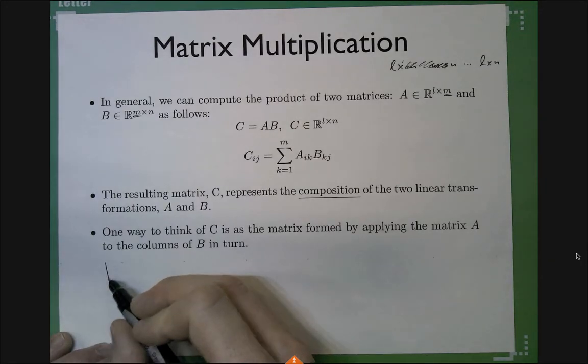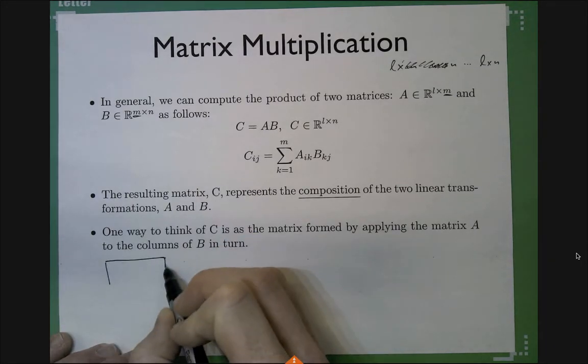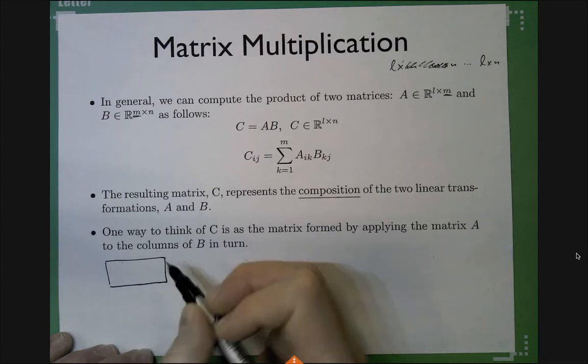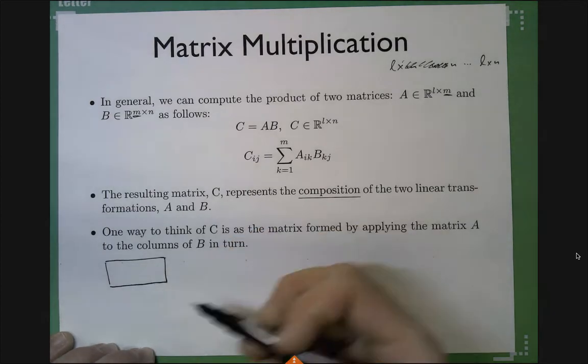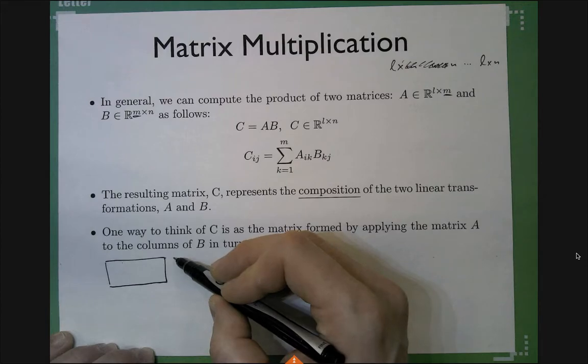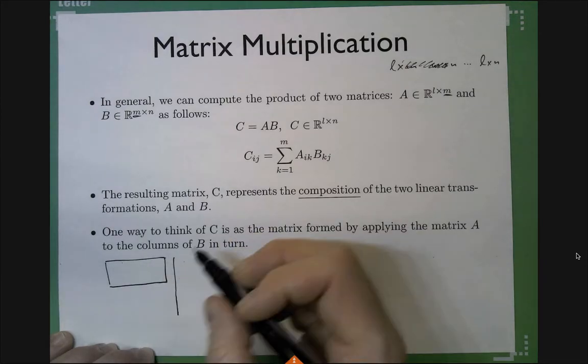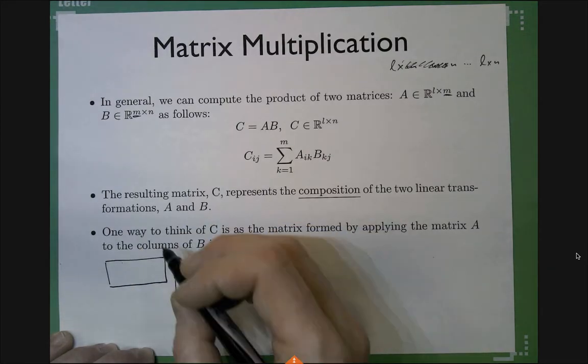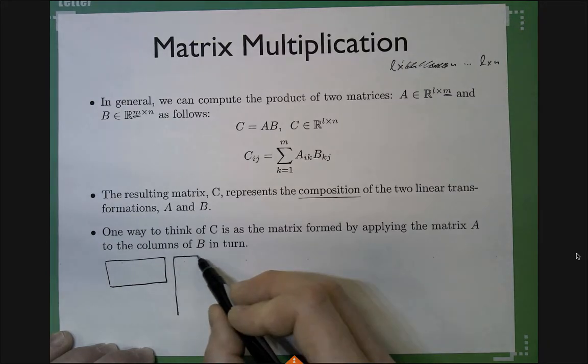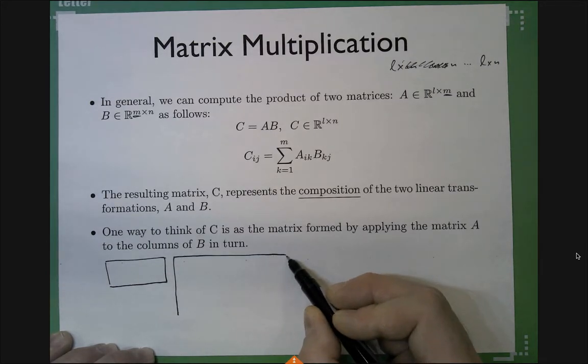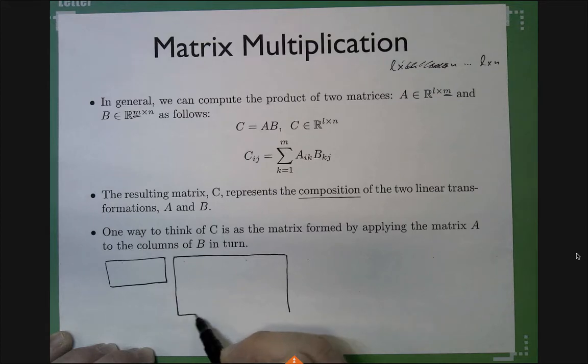So let's say my matrix A looks like this, has this shape. So it has more columns than rows. Of course, the other case would also be possible. This is just an example. So this would be my matrix A. This would be my matrix B. Let me make it long, so it's quite obvious that the number of columns is very different.